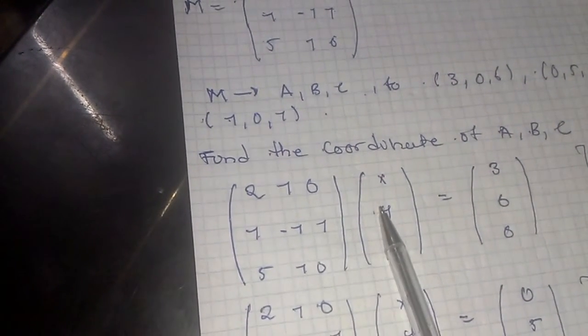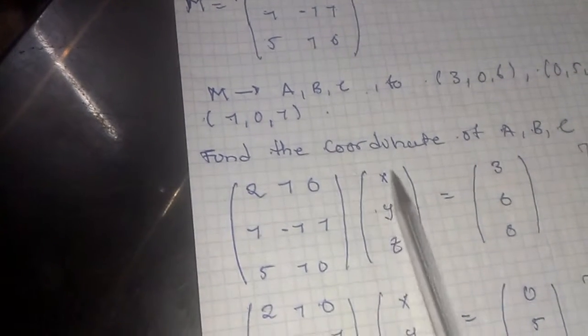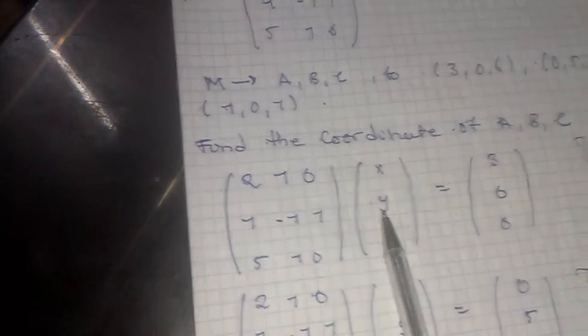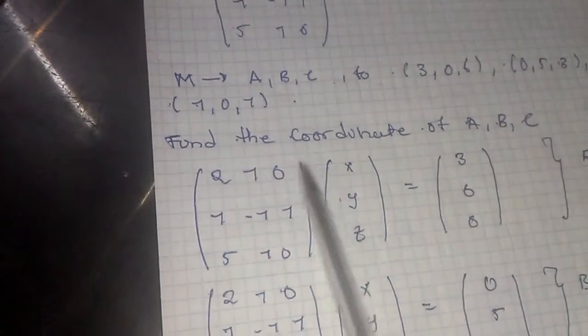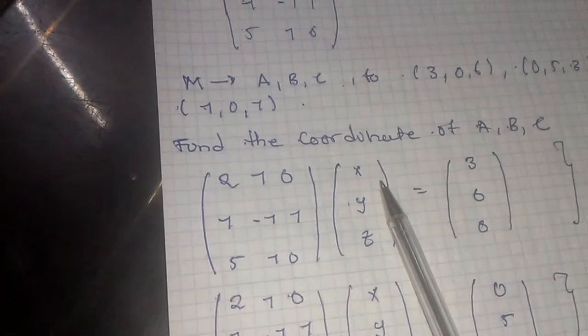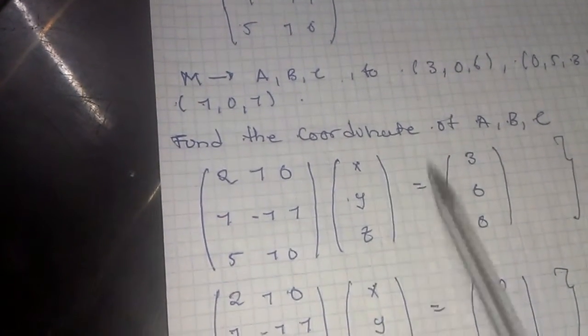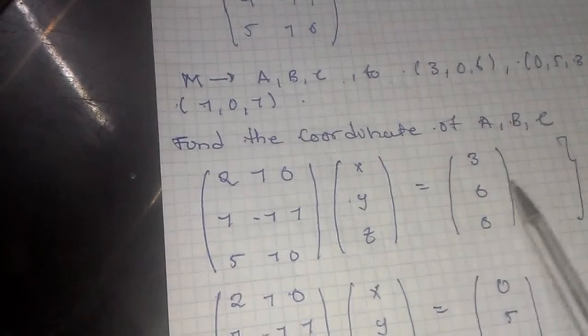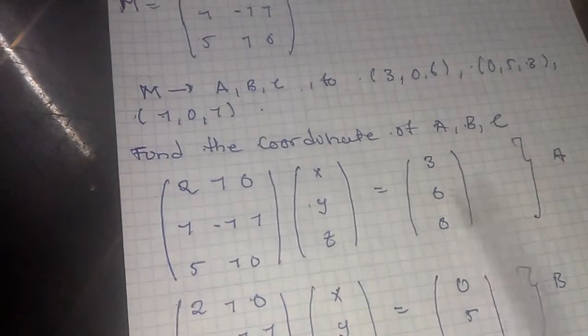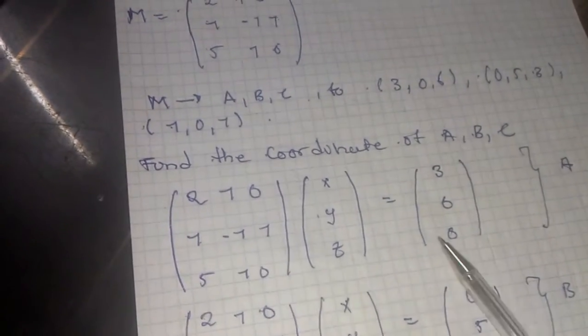So we take our matrix and multiply it times 3 unknowns that represent our point A, which is equal to the point it maps to. That is simply the simplest way to do it.